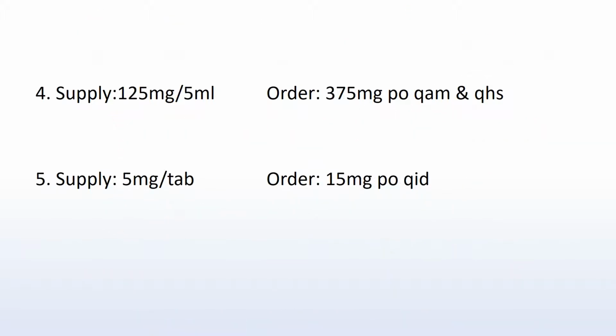All right. Sometimes you have liquid medication. So I taught you order over supply times the amount. The amount is how the drug comes. In this case, it comes per 5. So for that extra piece, you just have to multiply. What's our order here? 375. What's our supply? 125.